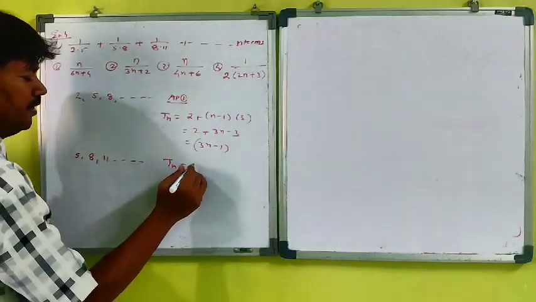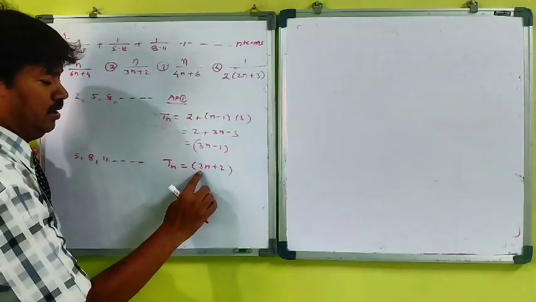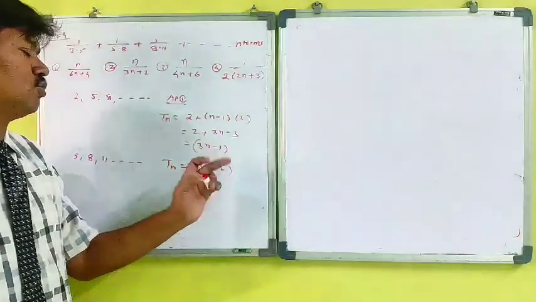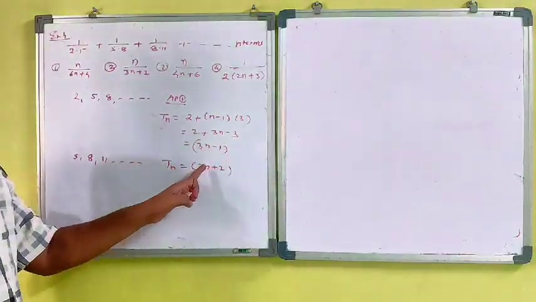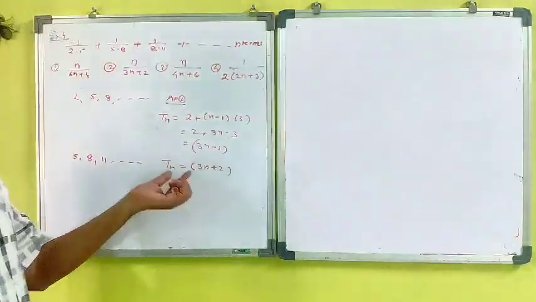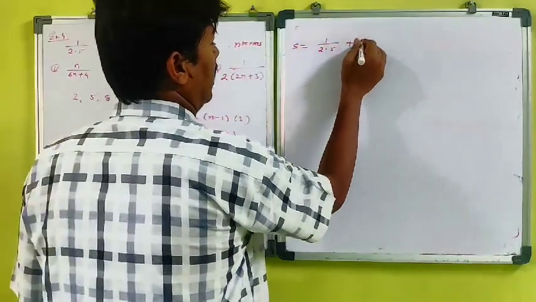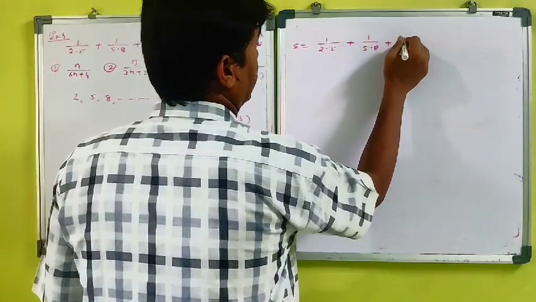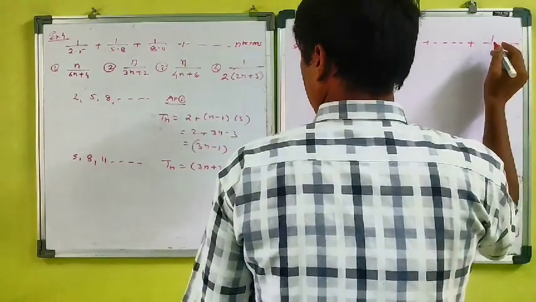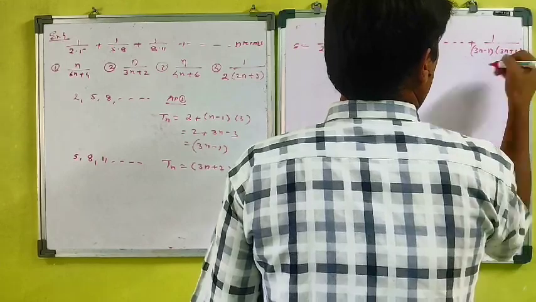So that 3 and this automatically will be 3n plus 2. When n is equal to 1, that is 2, and here when n is equal to 1, that becomes 5. So 2 into 5. For n equal to 2, it is 6 minus 1, 5, and this is 8. So this is your Tn. So here the sum S will be 1 upon 2 into 5, 5 into 8, 8 into 11, dot, 1 upon (3n minus 1)(3n plus 2).